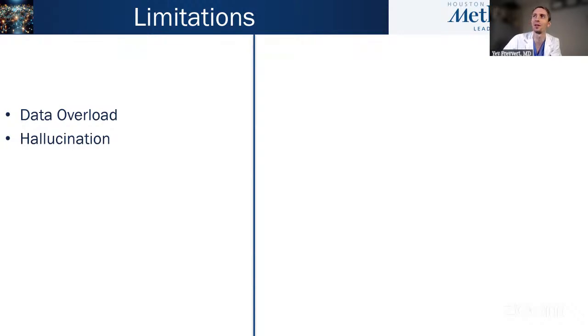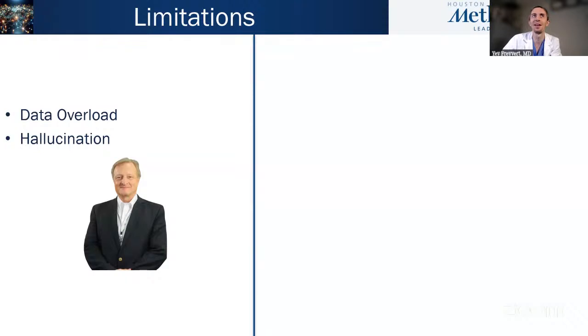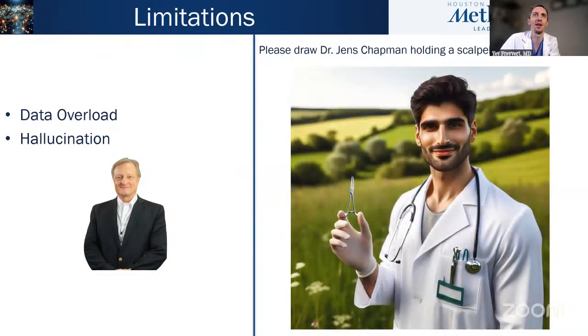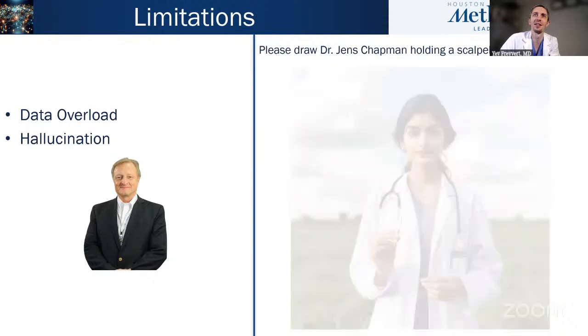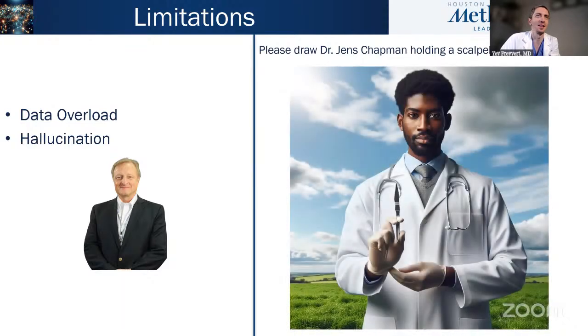As a case in point, this is Jens Chapman, and I asked some AI to draw Dr. Jens Chapman holding a scalpel standing in a field, and it protested a little bit, but eventually I got this, and this, and I think we still have some work to go.